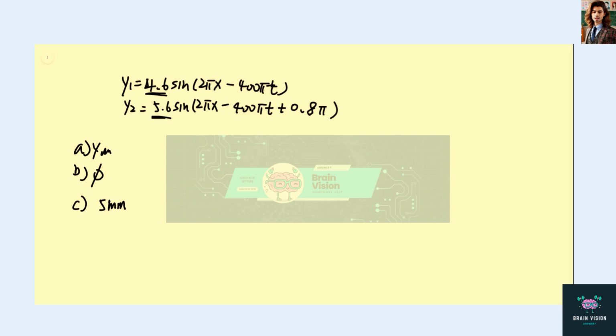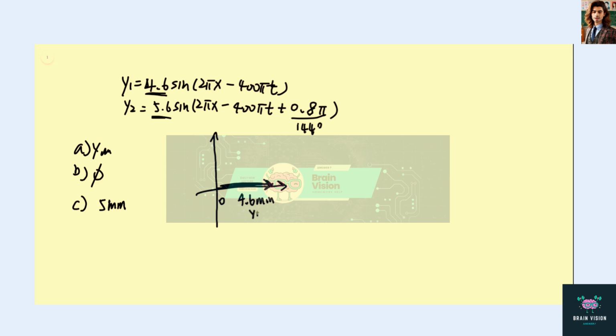So let's first start from part A. For part A, we're trying to add these two together using the method of phasors. So for phasors, we pretty much think of each as a vector and draw them out. The first one, y1, is a vector of 4.6 millimeter. I can draw out y2 as a vector of 5.6 millimeter with 0.8 pi, which is 144 degrees with respect to the first one.